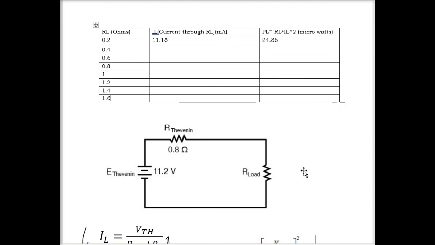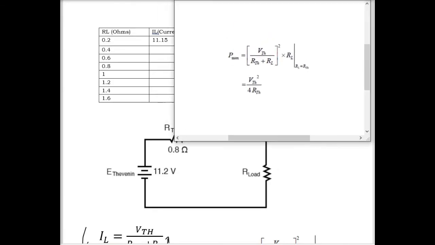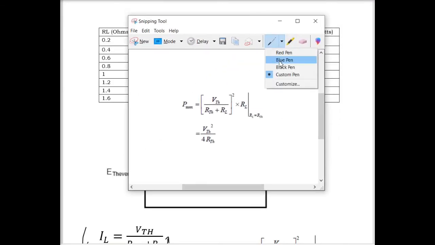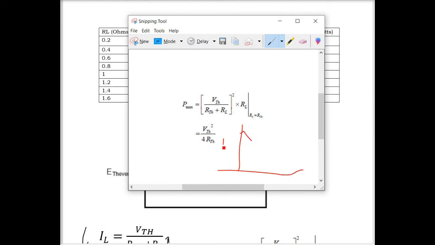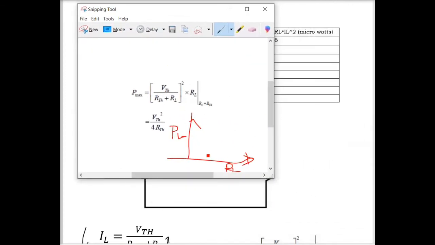Let me just give you a demonstration about this. If I have a red pen, and you have PL over here, and RL along the X direction, and you plot these values in the graph, then it is gonna be something like this.